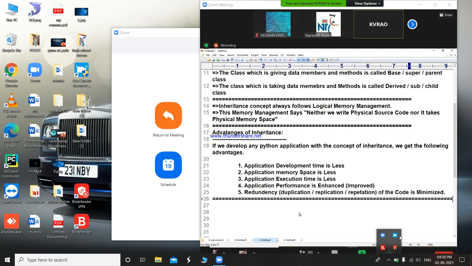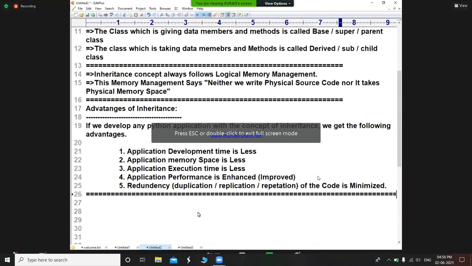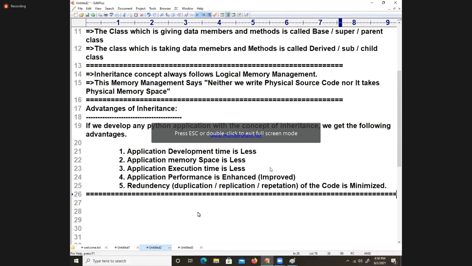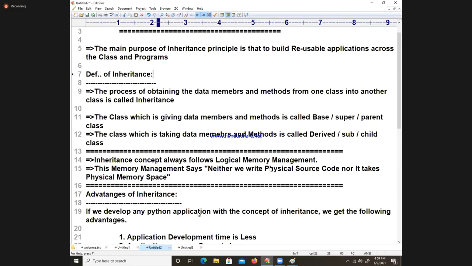The advantages of inheritance are completed. Let us go to the types of inheritances, dear student. Very, very simple. See, how many ways are there to get the data members and methods? Once again, I will verify the definition.